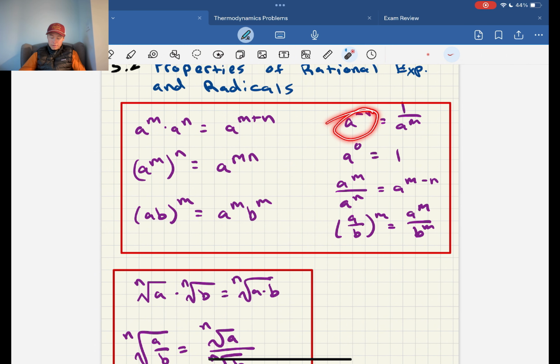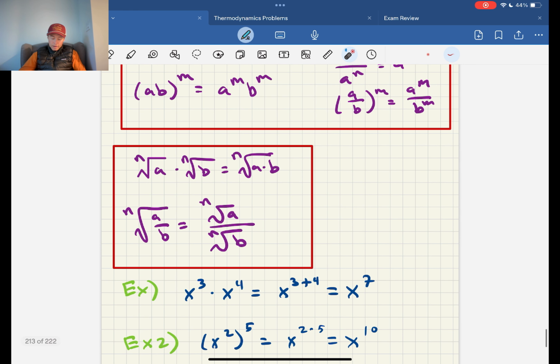We talked about this one earlier. Anything to the power of 0 is 1. When you're doing two numbers divided by each other, the same number, you subtract the exponents. Keep in mind, this number that you're dividing has to be the same number. You can't do it with a 3 here and a 2 here. They both have to be a 4 and a 4, or a 5 and a 5, etc. And then you've got some radical properties.